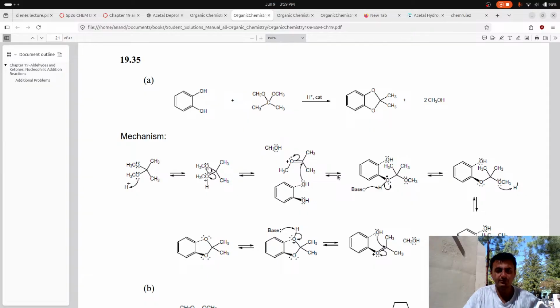Now, I don't know why it prefers one over the other, but we have 2,2-dimethoxypropane or something like that. Anyways, here's what happens. And we have HCl. So the very first thing is that one of these gets protonated.